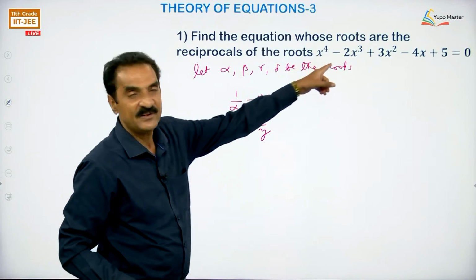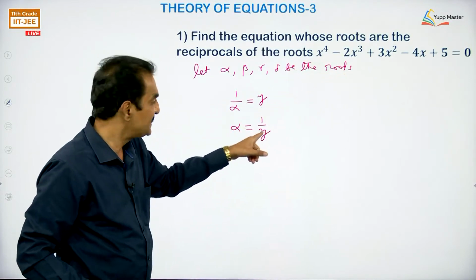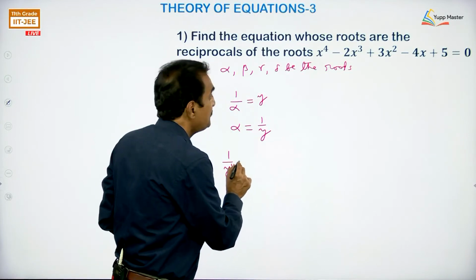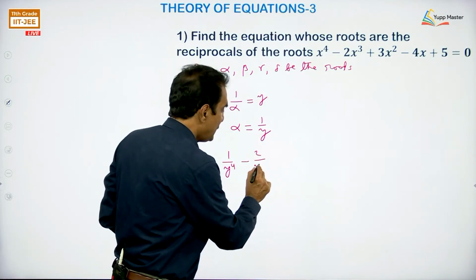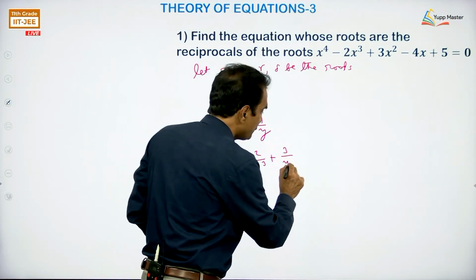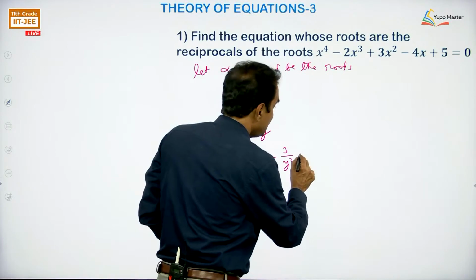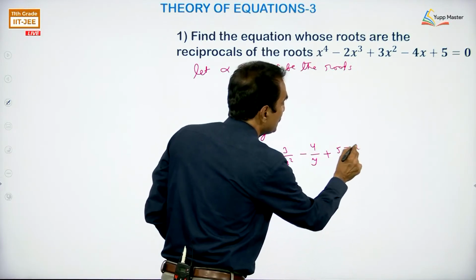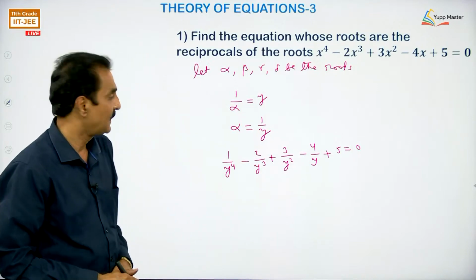It will satisfy the given equation. So replacing x by 1 by y, 1 by y power 4 minus 2 by y cube plus 3 by y square minus 4 by y plus 5 is equal to 0.